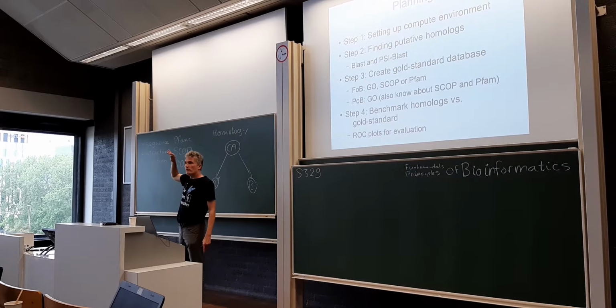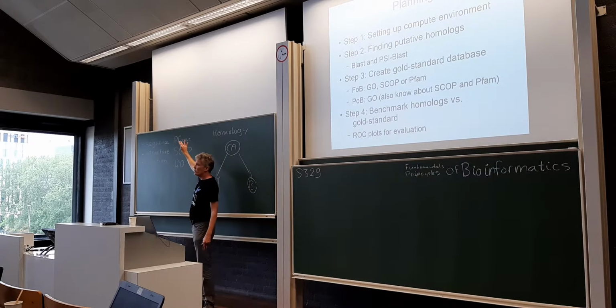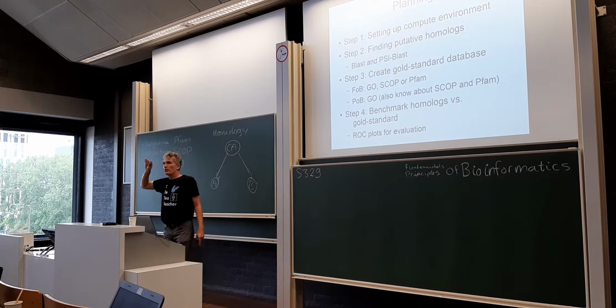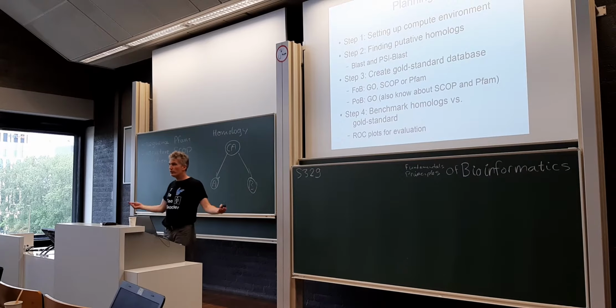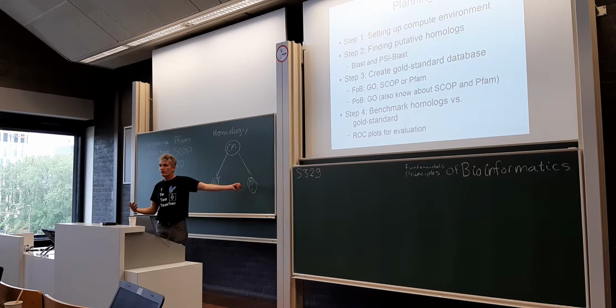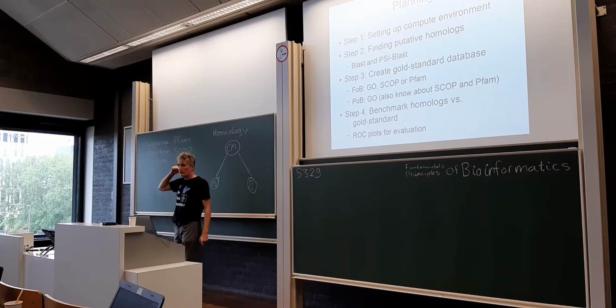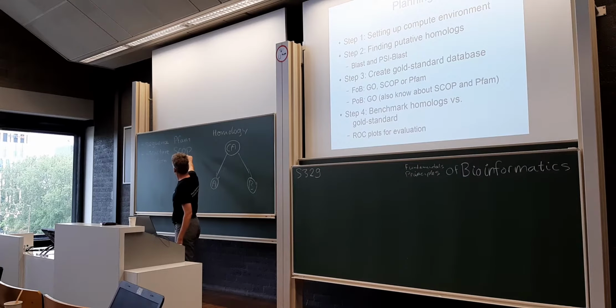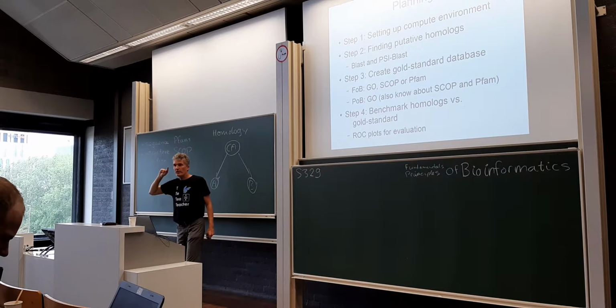So based on these databases, you have to decide on the information from the database whether you're going to call two proteins homologous or not. So you have a two-sided problem. You have to define homology based on your search algorithm, and you have to define homology based on your benchmark database or your gold standard database.